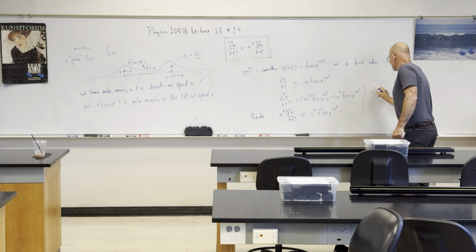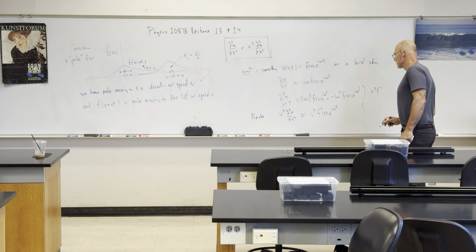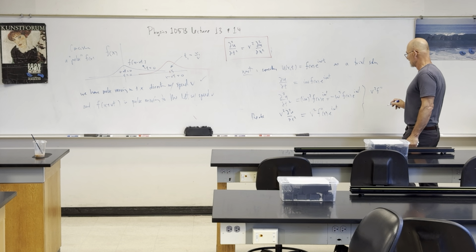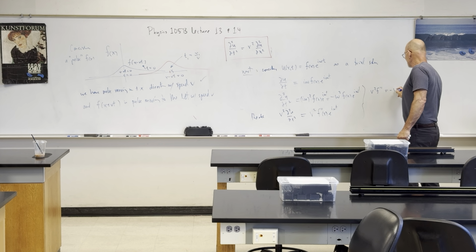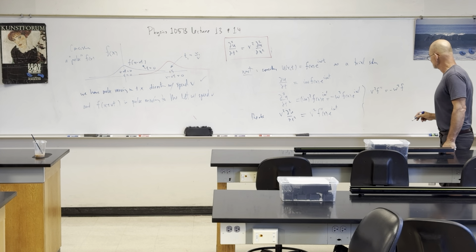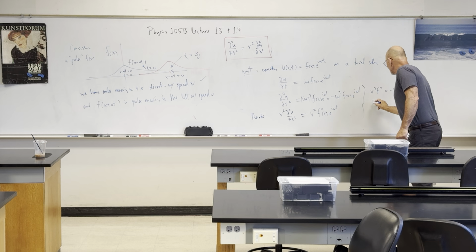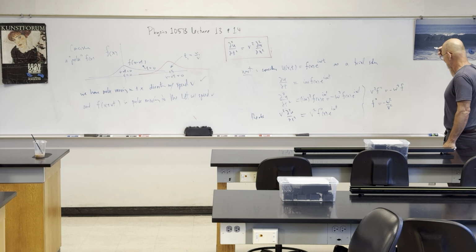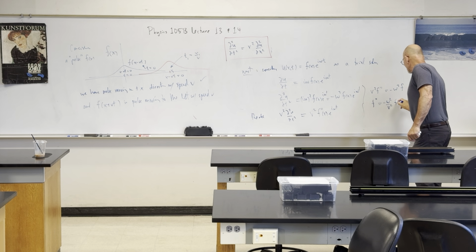I'll do it in two steps. b squared f double prime equals minus omega squared f, so f double prime equals minus omega squared over b squared times f.